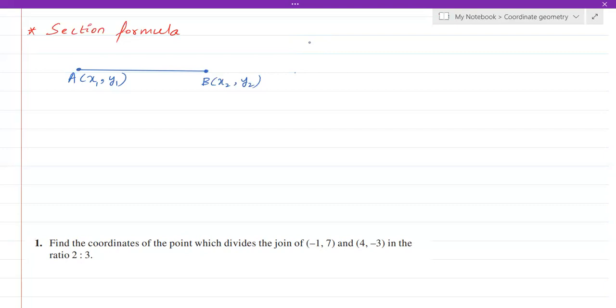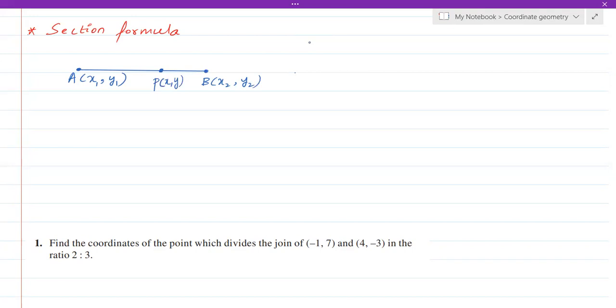Now, suppose we take a point in between A and B, somewhere, anywhere, not exactly at the middle. Let's say this point is P, whose coordinate is (x, y). What is P doing for the line segment AB? It is dividing the line segment.